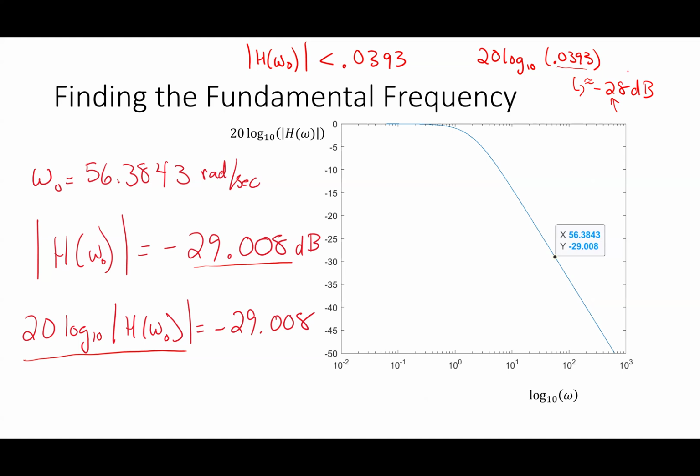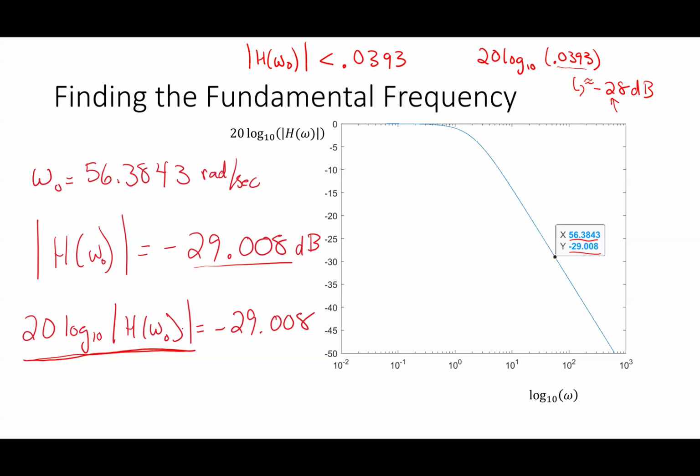In this case, I said, what happens if I go out to this particular point, 56.3843? At that point, the y value is -29.008. The y value here is 20 log10 of the magnitude.